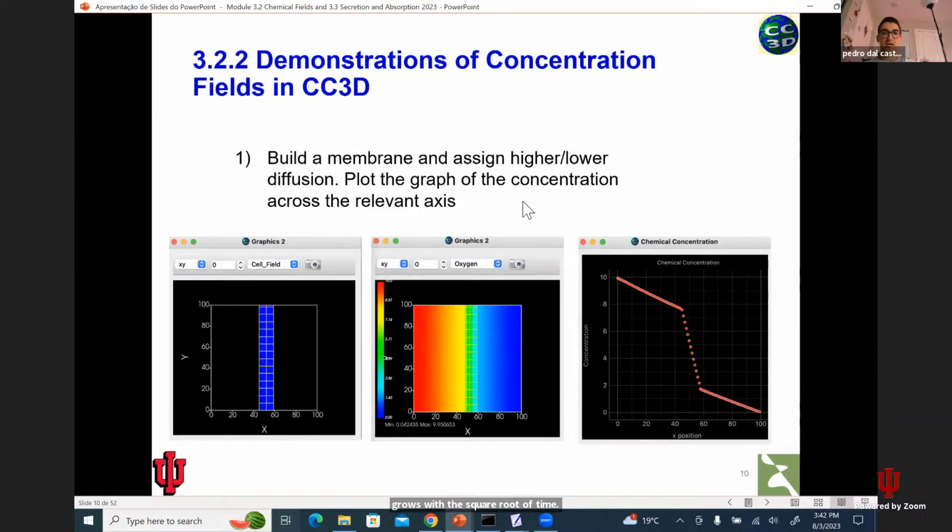Now there's a demonstration that I wish to do with you, which is building a membrane in the middle of the simulation and seeing how the field diffuses through it. All right.